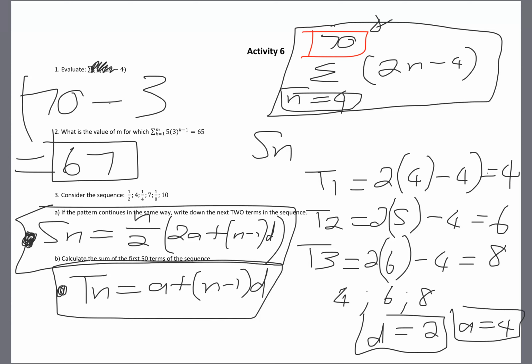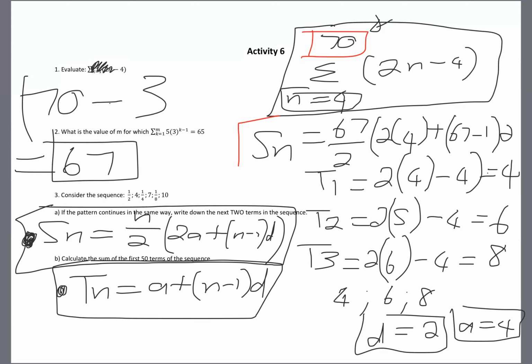So now I can say that Sn is equal to n over 2, which is 67 over 2, and then I substitute 2a, my a, which is 4, plus n minus 1, which is 67 minus 1, multiplied by my d, which is 2. I know it's a bit confusing, but it's there. Do you see it? Yes, ma'am.